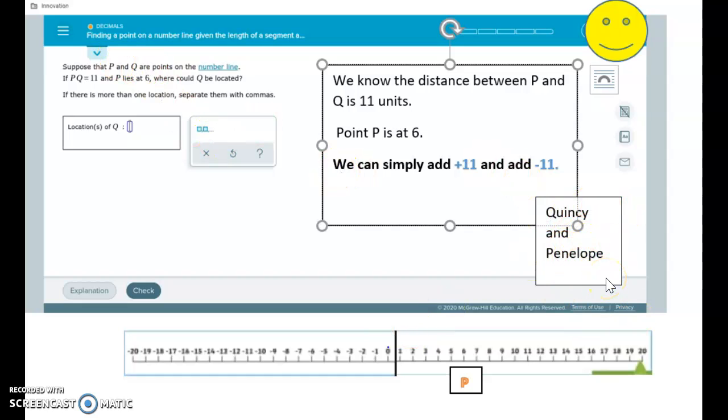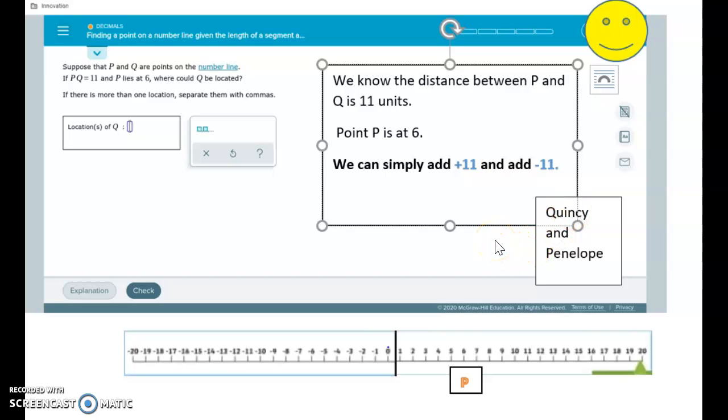These are two friends far apart, and we need to find out where Quincy is located. It says if PQ is equal to 11, if the distance between Penelope and Quincy is 11 units, and we know that Penelope is at number 6 standing right here right now, where could Q, or Quincy, be?